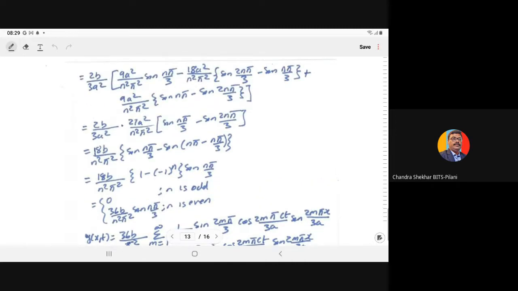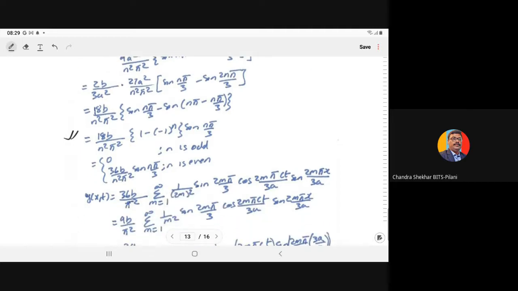Here we integrate by parts. On integration, you have 18b upon n square pi square into (1 minus (-1) to power n) into sine n pi by 3, which, when n is odd, is 0, and when n is even becomes 36b upon n square pi square sine n pi by 3.